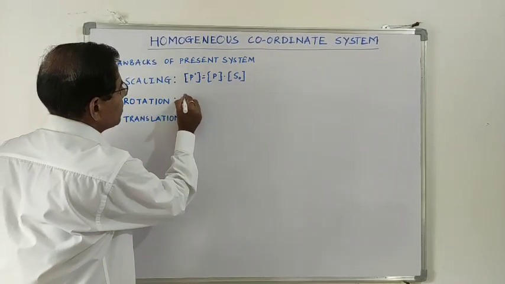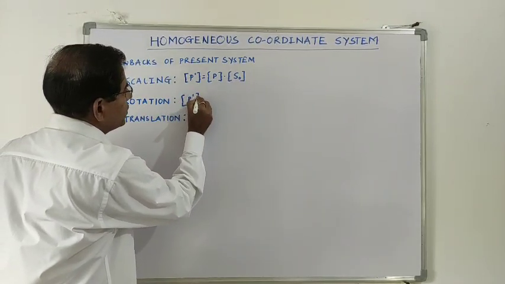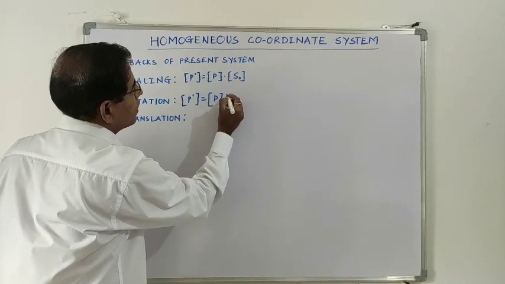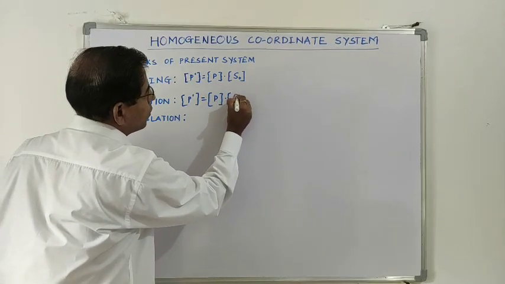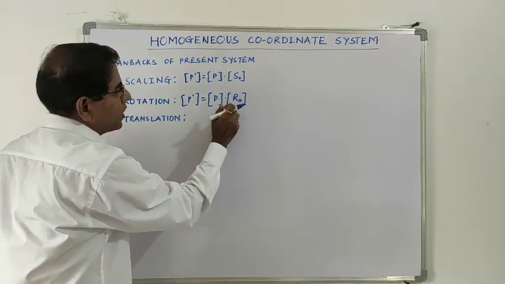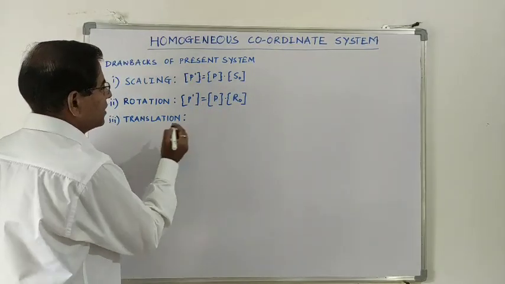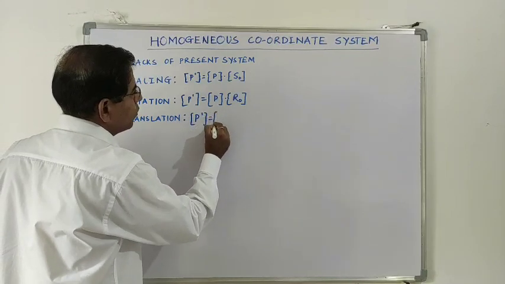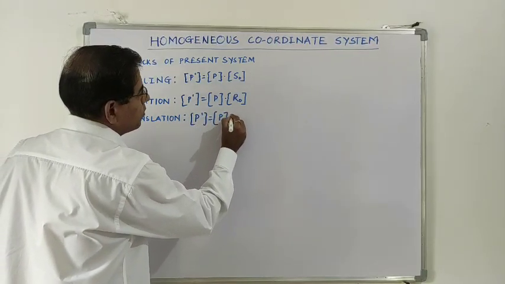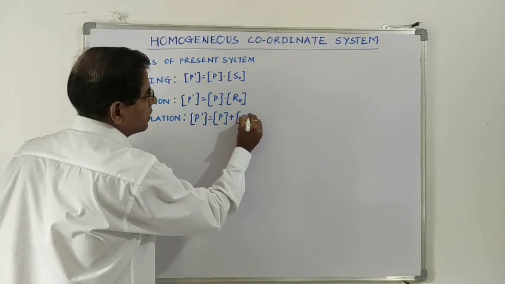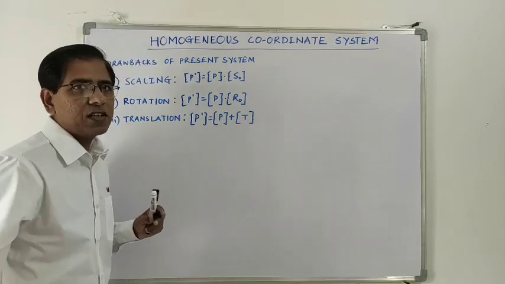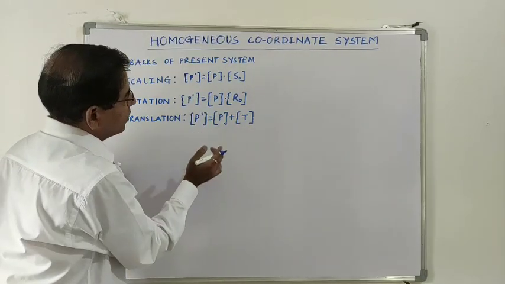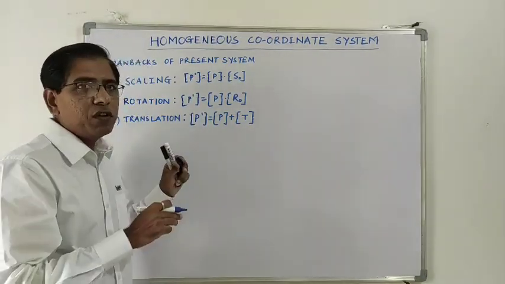Then the rotation is captured by P dash is equal to P into RO, where RO is the rotation matrix about origin, and translation is captured by P dash is equal to P plus T, where T is the translation matrix. Now here the drawback is non-uniformity.